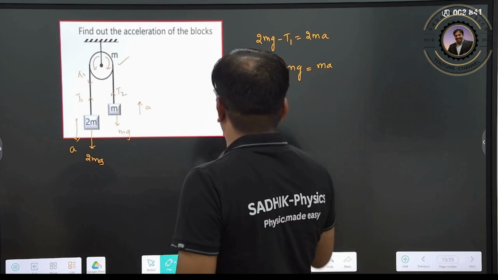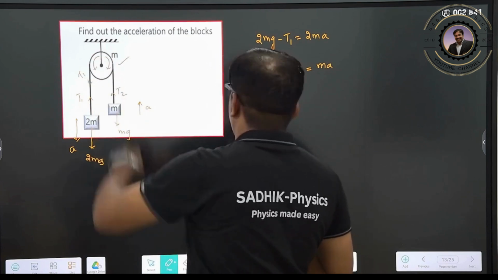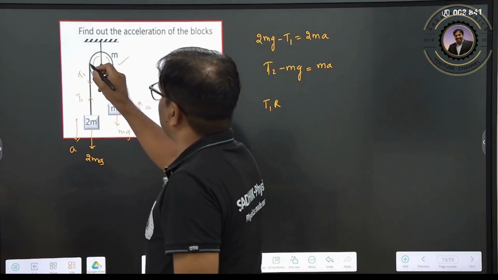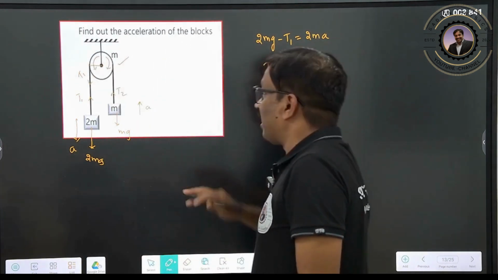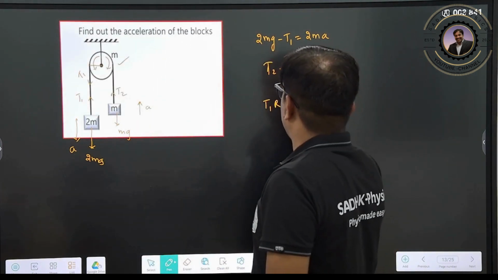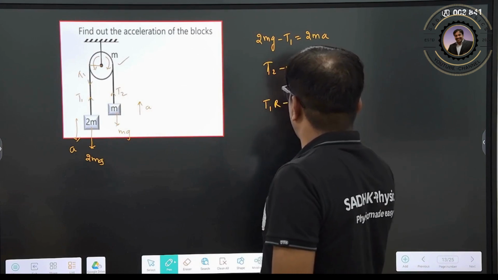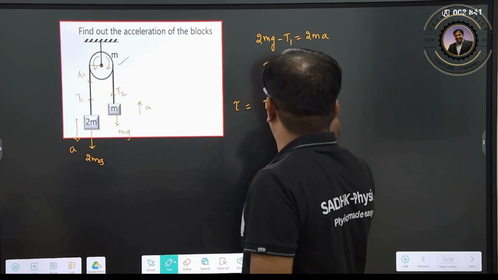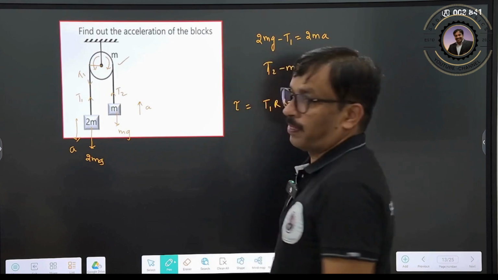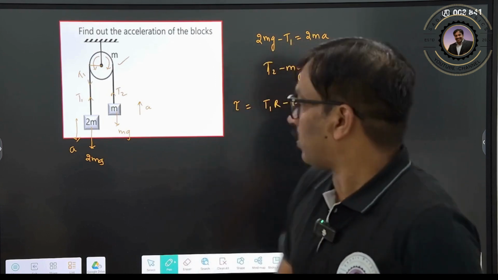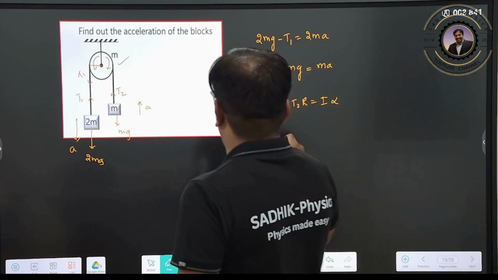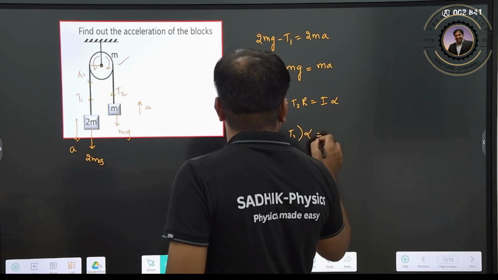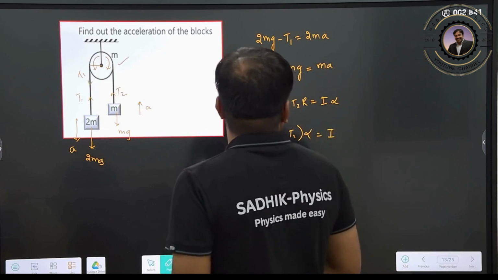So T1 into R, where the perpendicular distance is the radius R, minus T2 into R. So the net torque is nothing but I into alpha. Clear? So what you can write here is T1 minus T2, into R, will be equal to the moment of inertia into alpha.